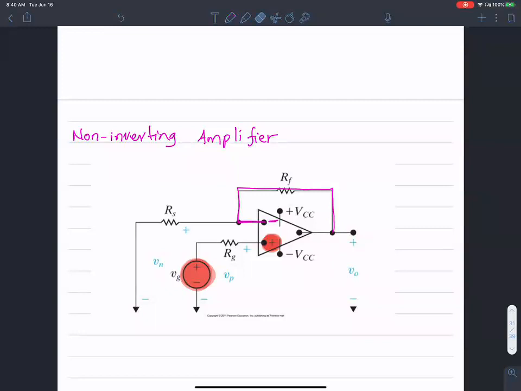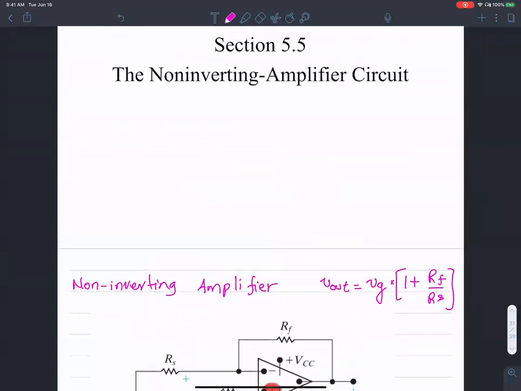A bit of a spoiler alert. The output for this guy, V output, is going to be V input, which is VG, times 1 plus RF over RS. That is what we would expect when we do the analysis for this.